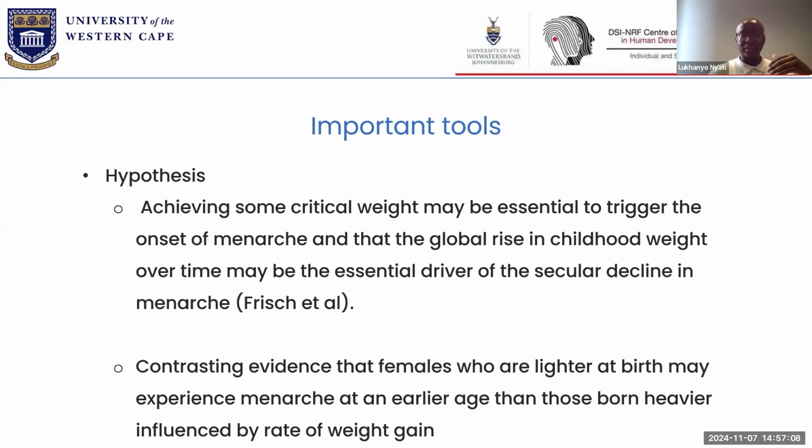But there's also contrasting evidence which shows that females who are lighter at birth may experience menarche at an earlier stage compared to those who are born heavier. And this is attributed to potentially a faster gain in weight in that early infancy period among those who were born lighter.